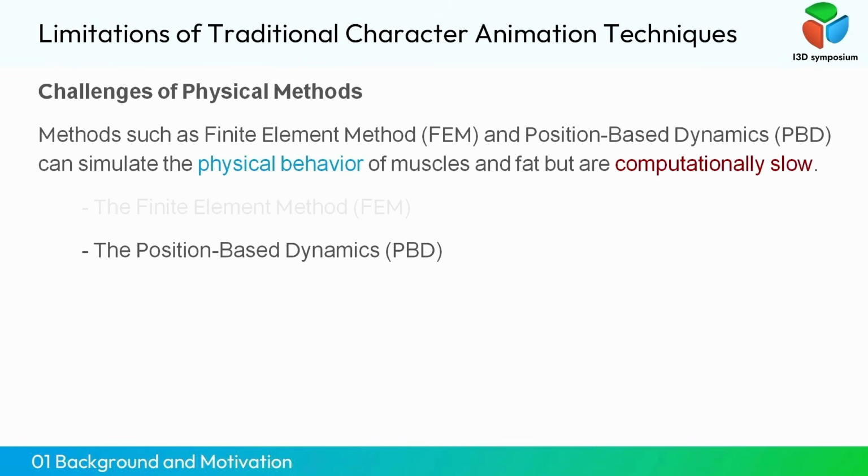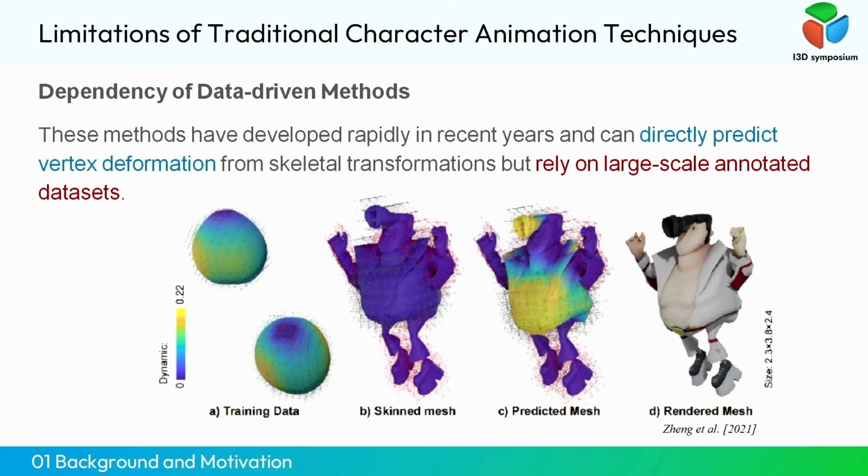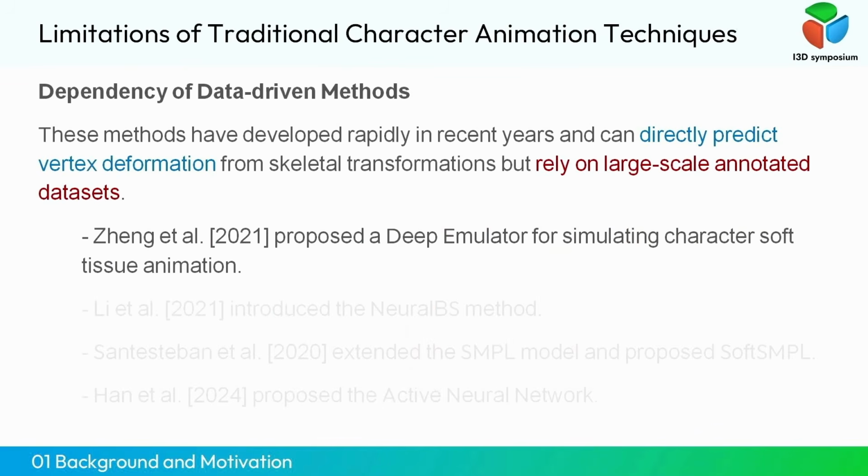dynamic responses. In recent years, data-driven methods based on deep learning have made progress by learning the mapping between skeletal transformations and vertex deformations. Xing et al. 2021 proposed Deep Emulator, which trains a neural network on spherical datasets to simulate soft body animations but relies on spherical simulation data and has limited generalization ability.